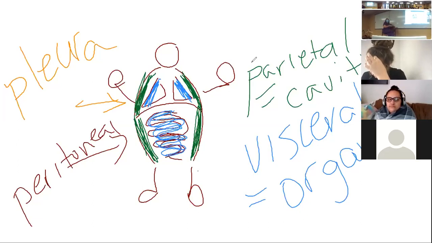Organ in the abdomen, the visceral peritoneum. If it is the cavity in the chest, the parietal pleura. And if it is the cavity in the abdomen, the parietal peritoneum. So there are 4 words, and we have to use 2 to describe the location.